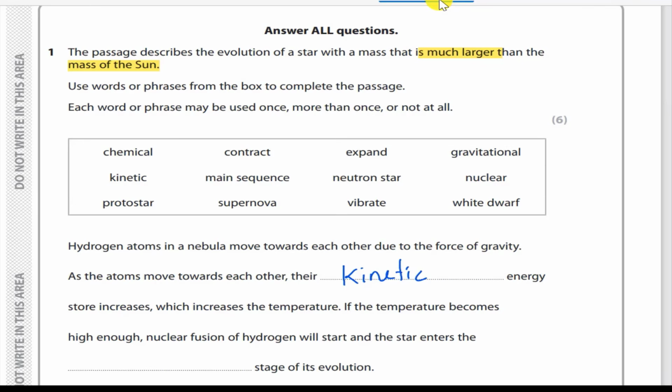If the temperature becomes high enough, nuclear fusion of hydrogen will start and the star enters the main sequence stage of its evolution.